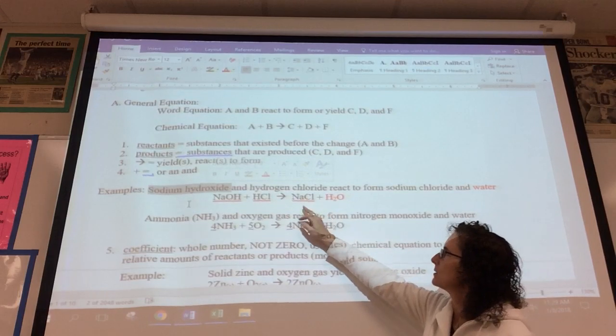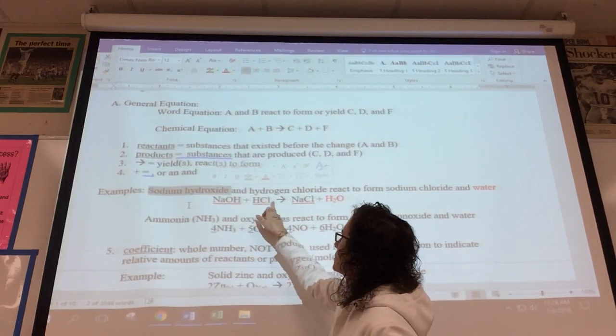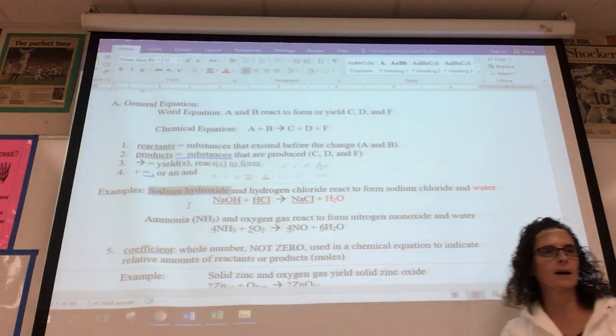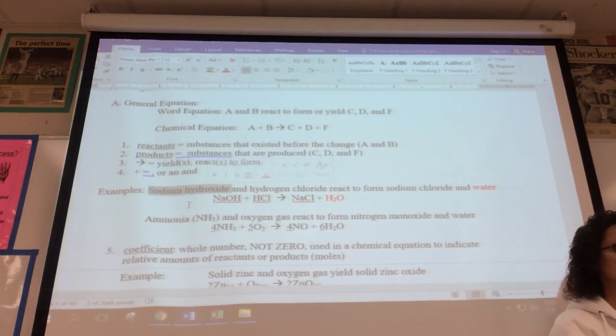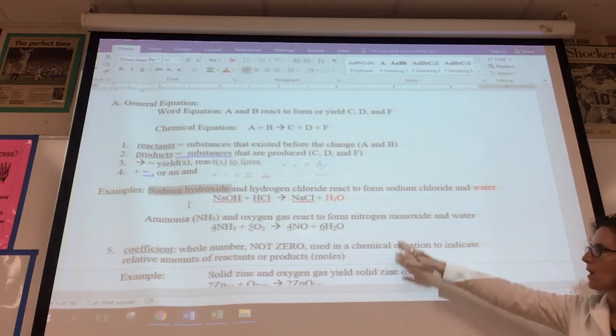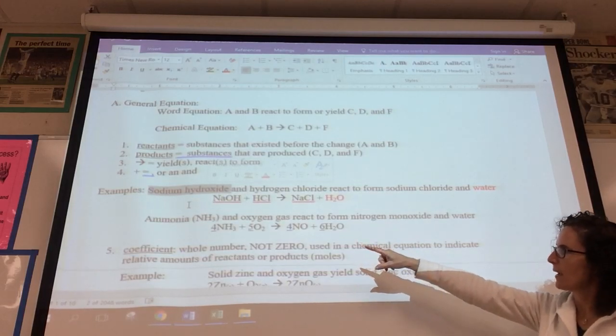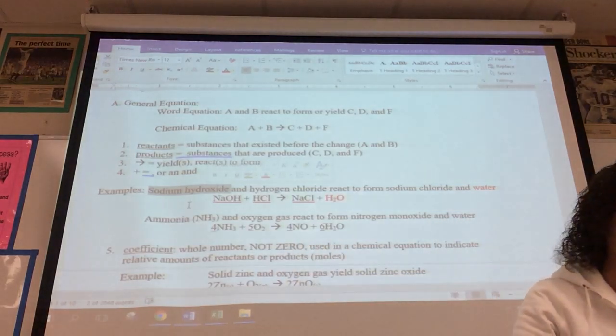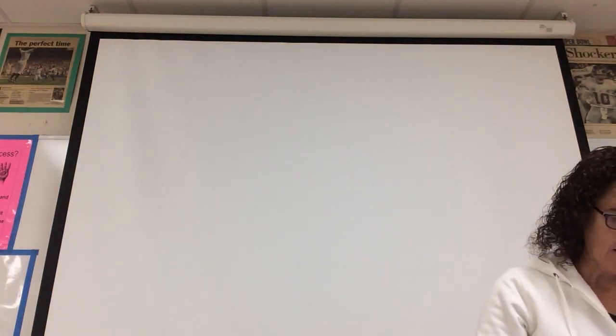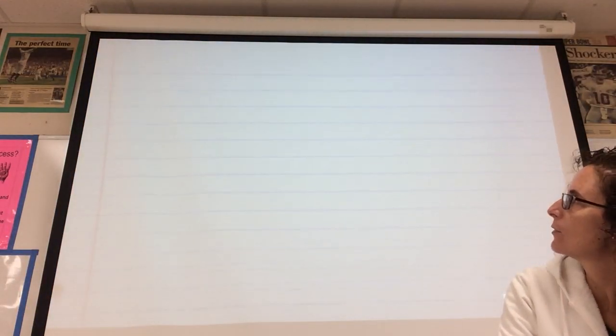Covalent compound, ionic, ionic. This one is tricky: named as an ionic, but it is a covalent compound. Two or more nonmetals, covalent. Ammonia is NH3 and oxygen gas O2. And that one can be a little tricky. Let's go back and review your diatomic elements.